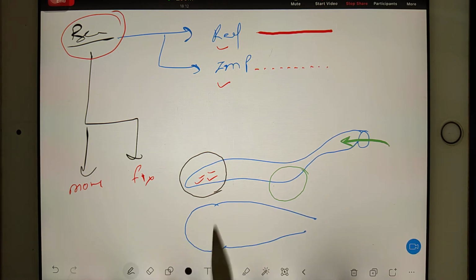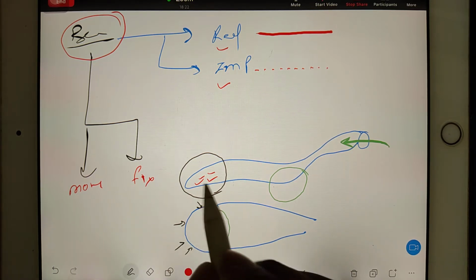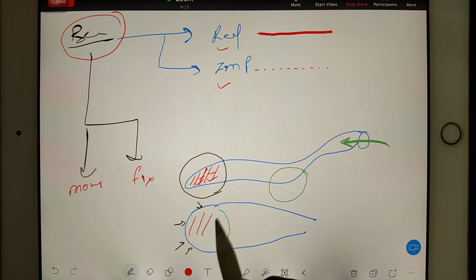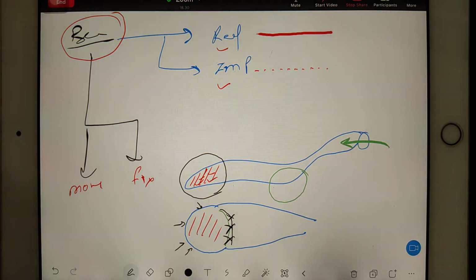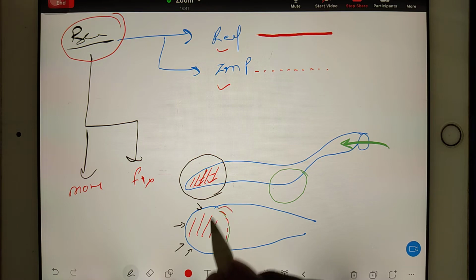It means you have real balloon skin present here, but this part is not real, because a student is set to discuss only this zone. In reality, here you don't have any boundary, but a student cannot study beyond that, because after that some other student will study. I hope it's clear. Here I will put a dotted line and say this is an imaginary boundary. Now, what is the real boundary? The real balloon skin became your real boundary.